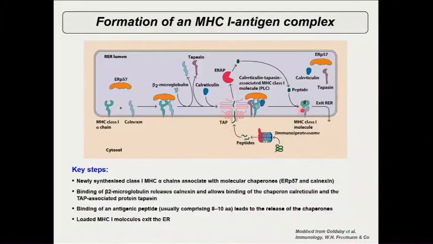And then once they've lost the chaperones and they are loaded with a peptide, which is not necessarily a viral peptide, because this happens all the time, even if the cell isn't virus infected, then they are allowed to exit and to eventually reach the cell surface and to present that peptide to the outside world.